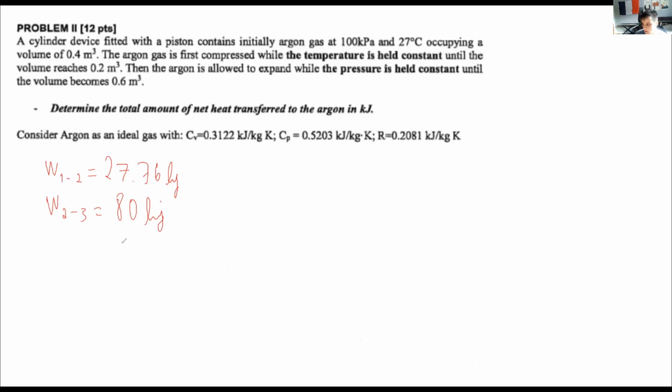And for the net heat transferred, which is actually an equation that I did not give you, it's m C_V times delta T. So I didn't give you this equation directly.